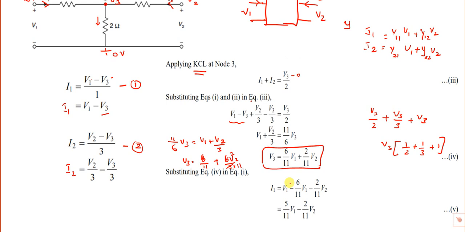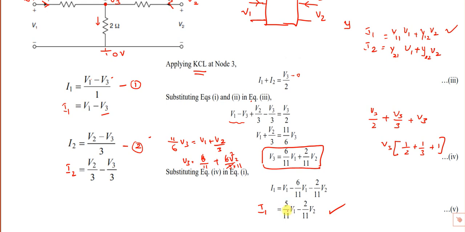So now compare this equation with that Y parameter equation. This is I1, no? So I1 we got as an expression in terms of V1 and V2. So this 5 by 11 is Y11. See the equation here, first equation.